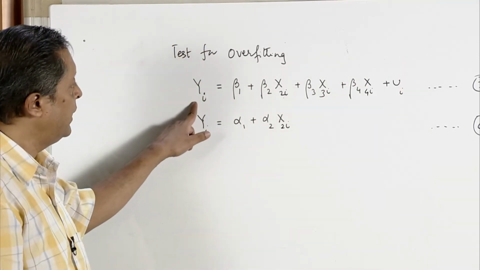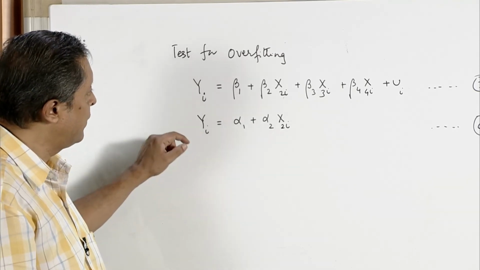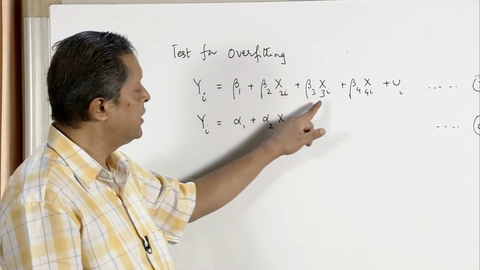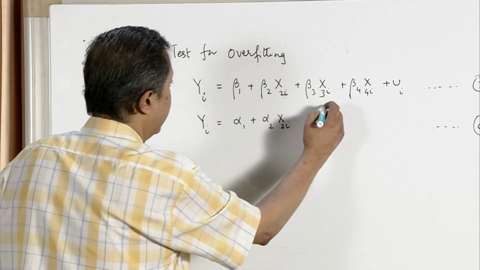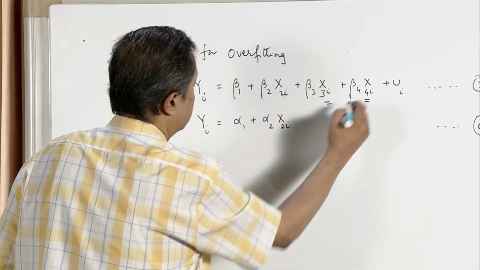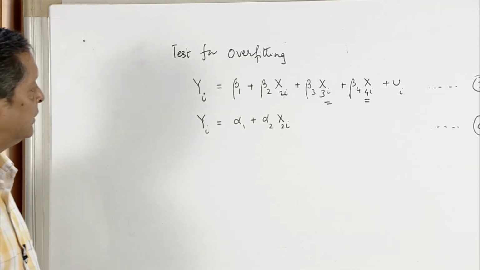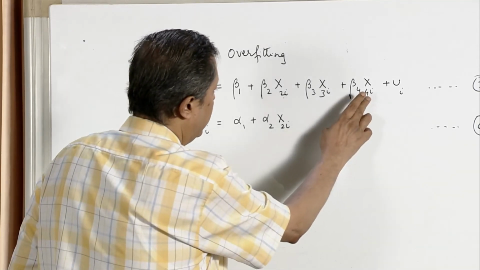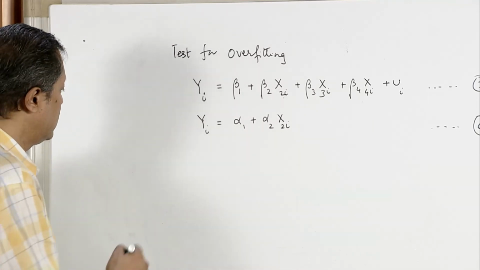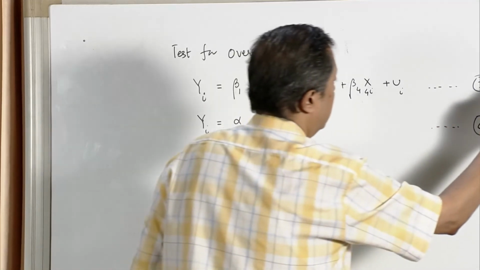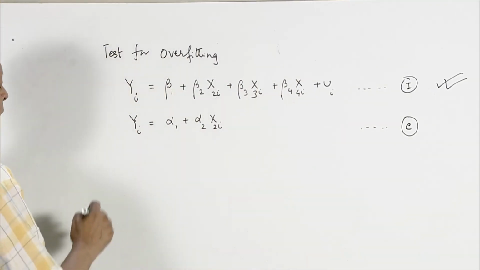So, yi should have been regressed on only x2i, but it has been regressed on x2i, x3i and x4i. So, supposing we want to test whether x3 and x4 are really incorrectly specified as the regressors. We are already familiar that we can carry out an F test for this. So, we will fit this model, this is the fitted model, and then you will use the F test.